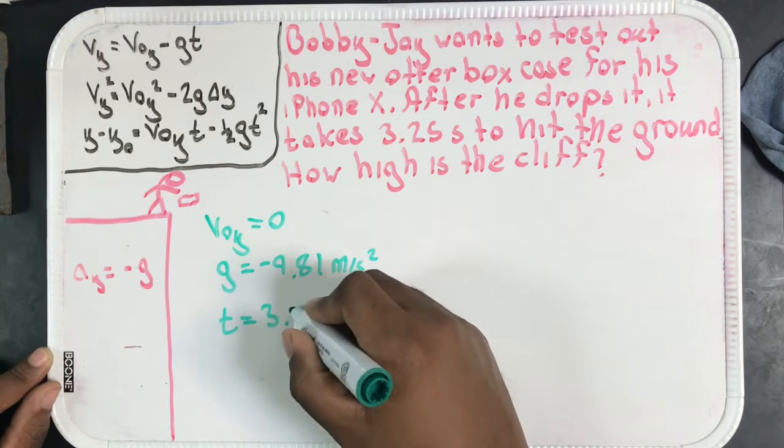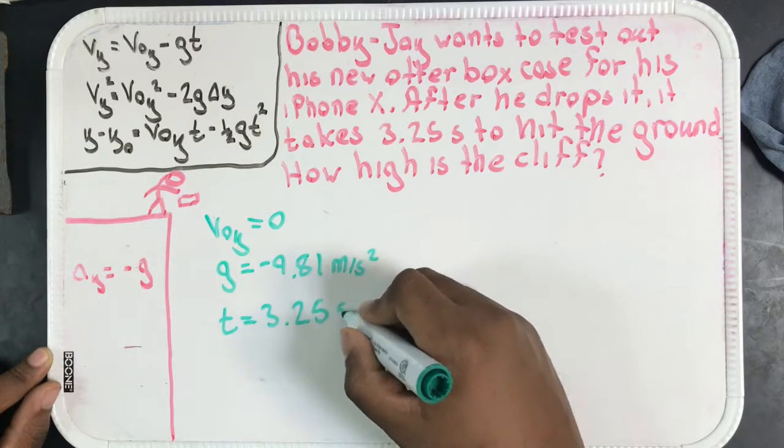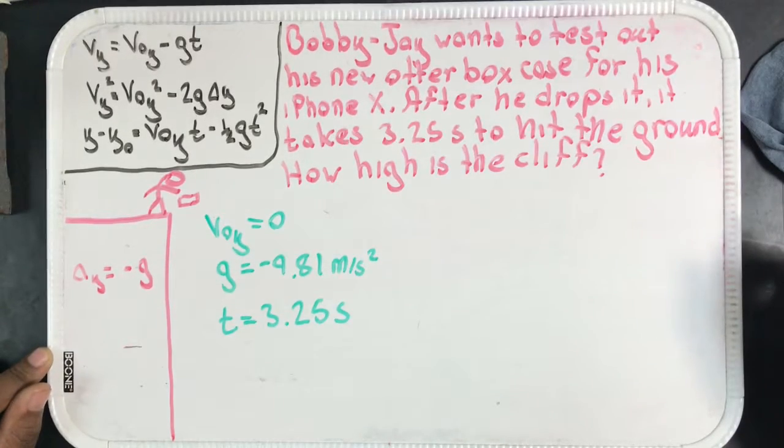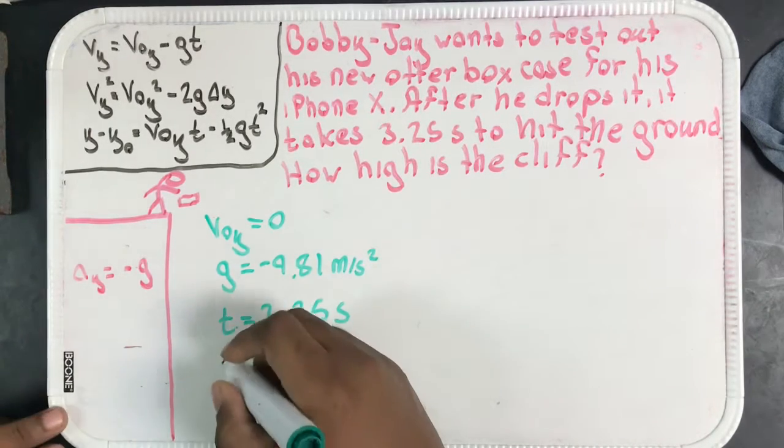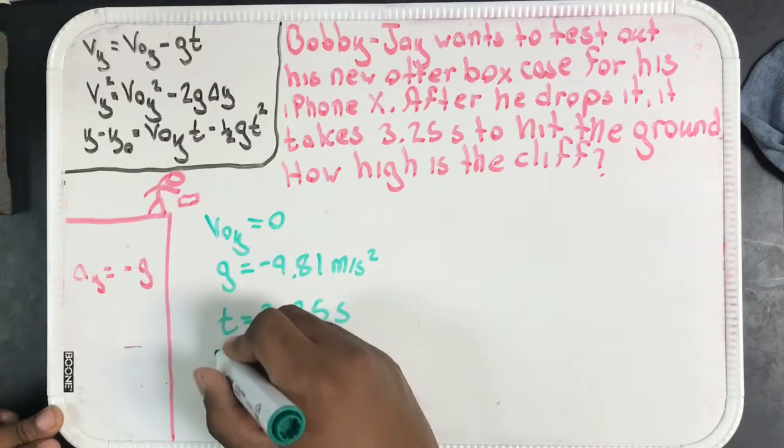and we know that the time it took is 3.25 seconds. And we could do this several ways, however, we want to do this in the most expedient manner possible, okay? And we want to find the height of the cliff, okay?